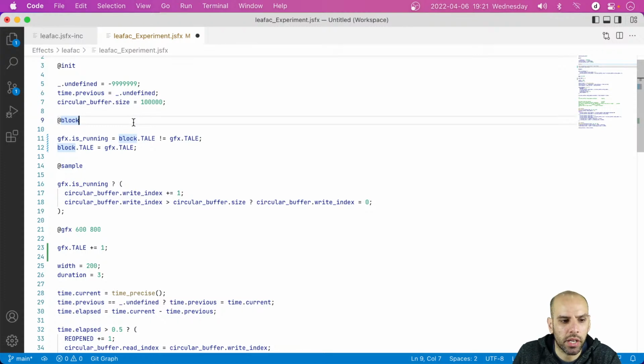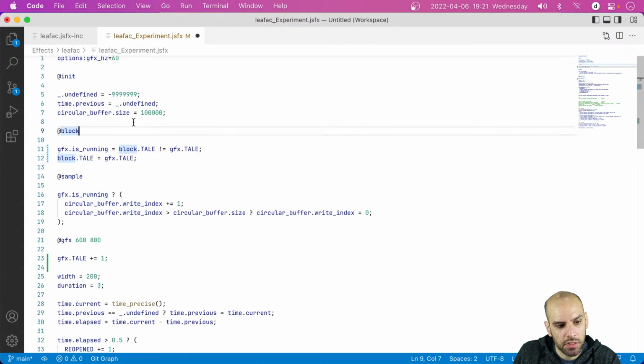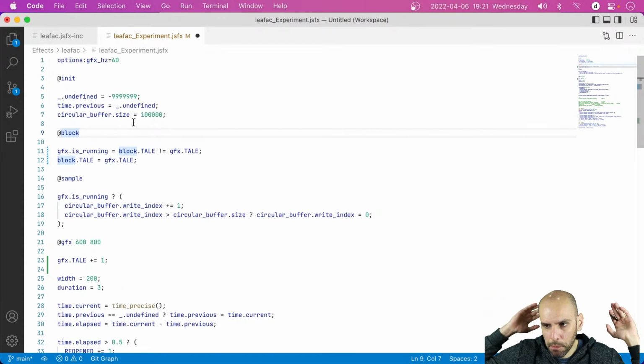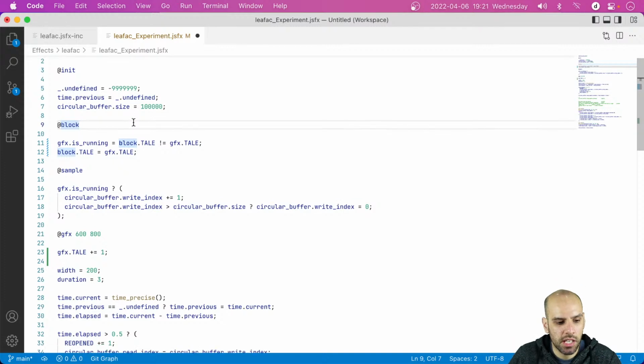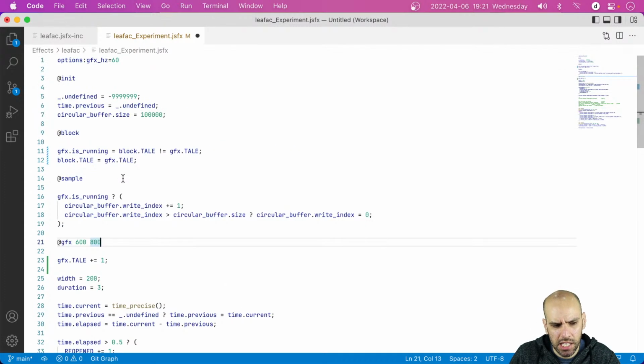Maybe if you have some sort of buffer where you are putting samples for an FFT and the GFX block is doing the FFT, then it could be nice to know that the buffer is free to be used again, but that's not what we are doing. So this is just telling me the GFX block has just run, because these variables are different. But I guess they would need to be different by a good amount.